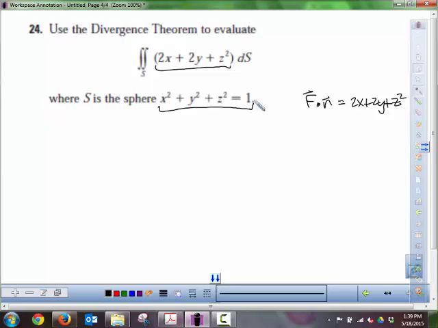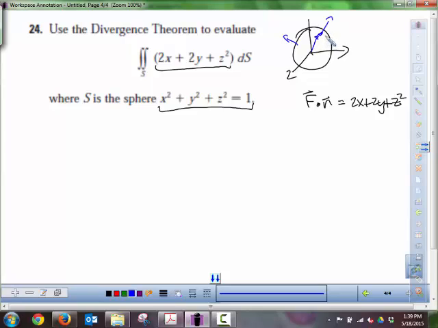If this is your surface, your normal vector is always going to be essentially the same as your position.